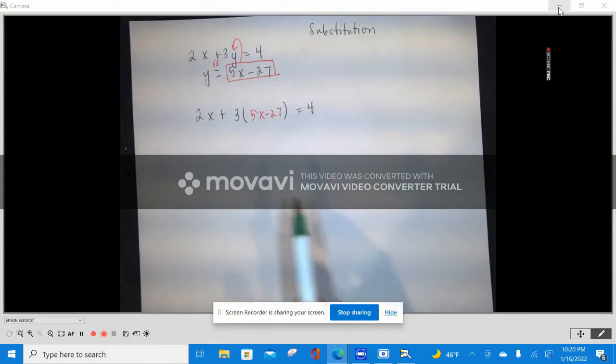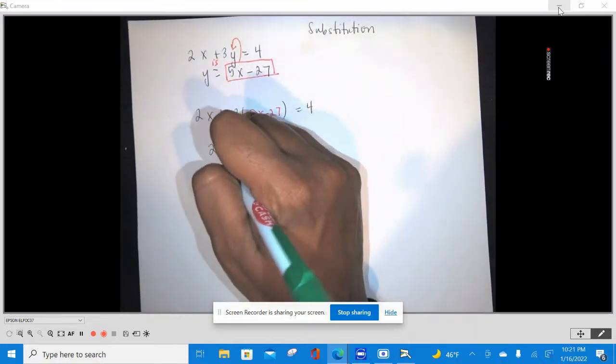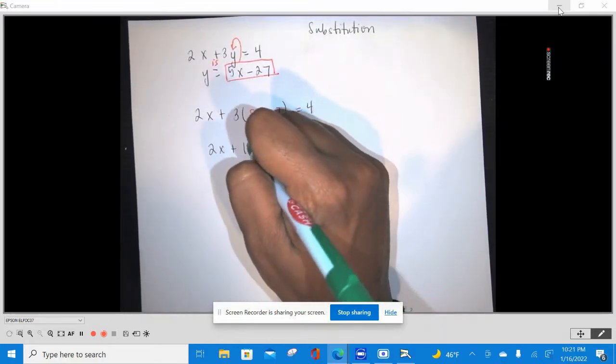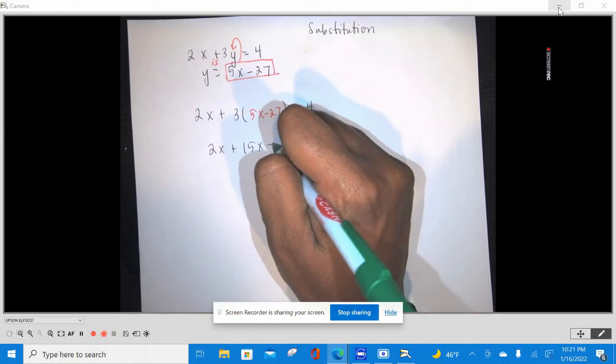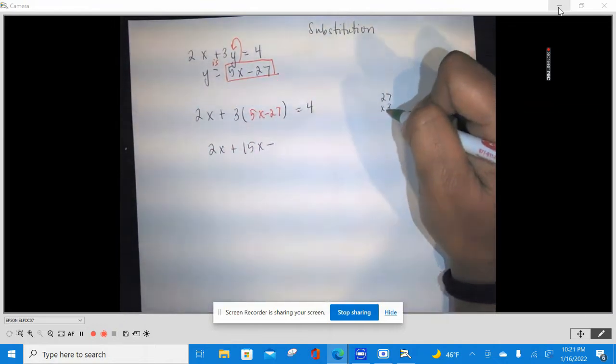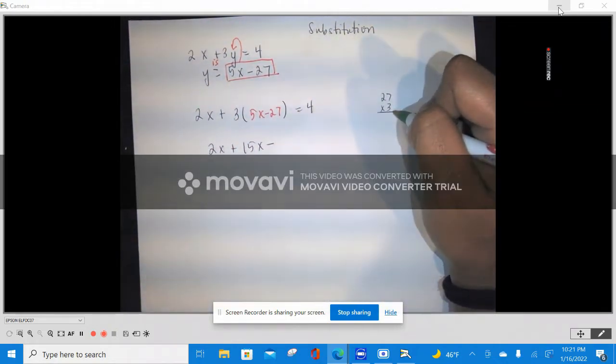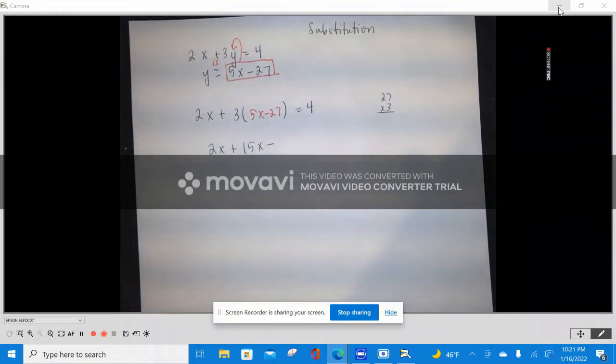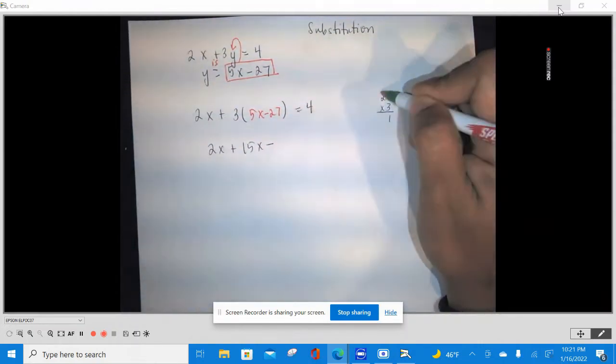All right, once you plug in your expression for the variable, now you do the distributive property, and then you combine like terms. So you got 2x plus 15x minus, and then I got to do some scratch work for 27 times 3. So now I have 1, carry the 2.